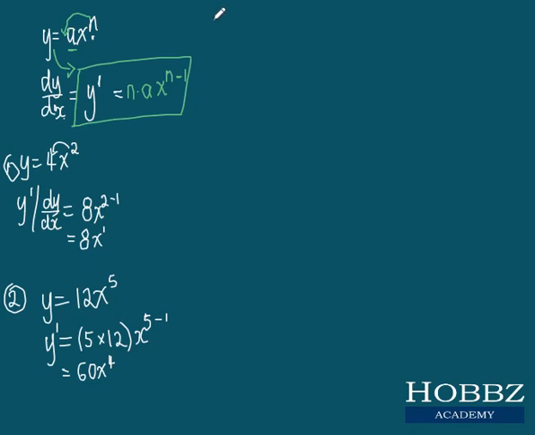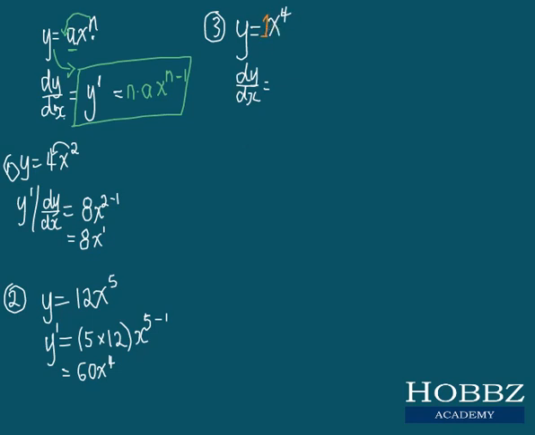Another example would be y equals x to the power 4. dy over dx will give you, because there is no number seen here, we ought to always remember that there is an invisible 1.